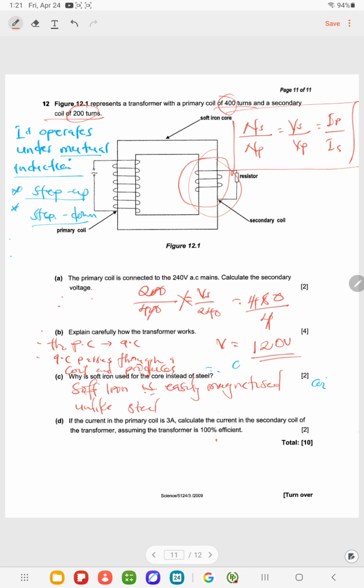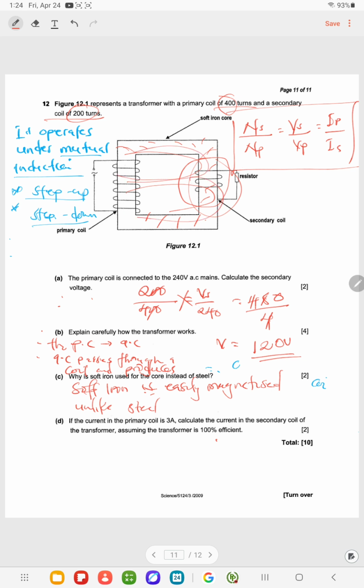So the soft iron core is easily magnetized, unlike steel, meaning that if a small amount of current passes through, this iron core will become magnetized very easily and produce the alternating magnetic field, which will in turn induce a voltage in the secondary coil.